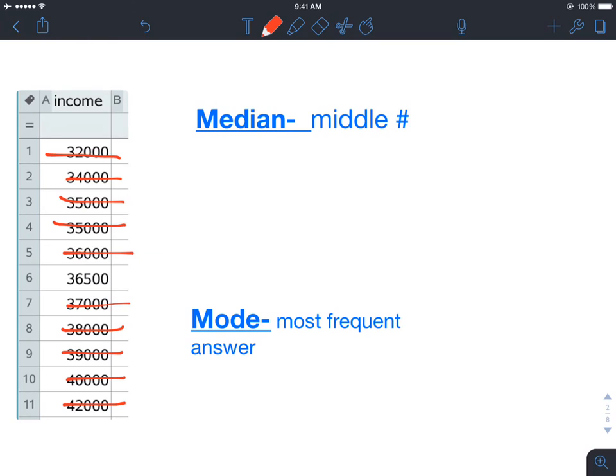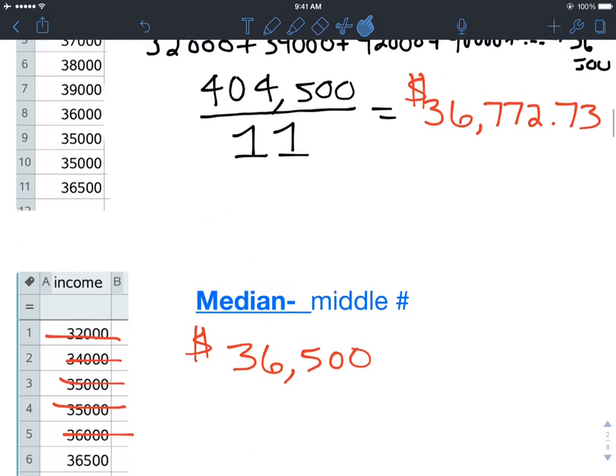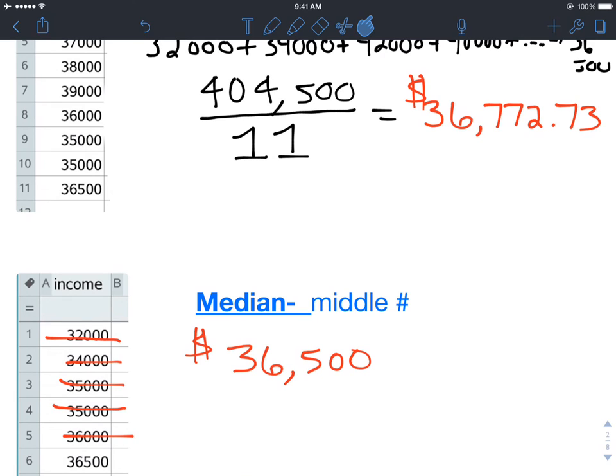And sure enough, because it's 11 families, 5 on bottom, 5 on top, the middle number, the median, is $36,500. And notice that our median is very close to the mean.